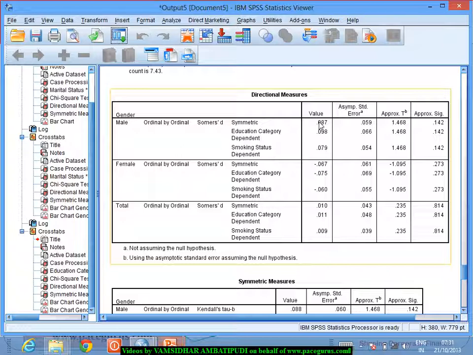There is a clear cut independence that is existing between the two variables, means I can very well conclude that the smoking levels are more or less uniform across the various education levels, even separately for males and females also. That is the kind of conclusion I am able to bring out using this cross-tab analysis.